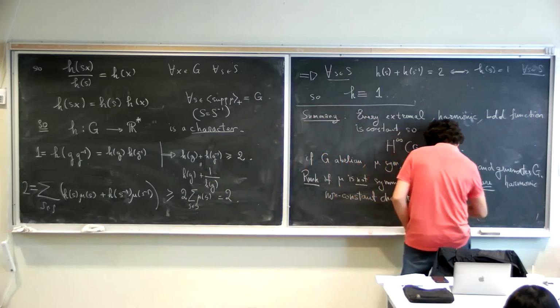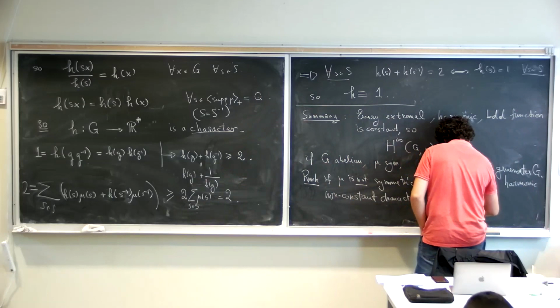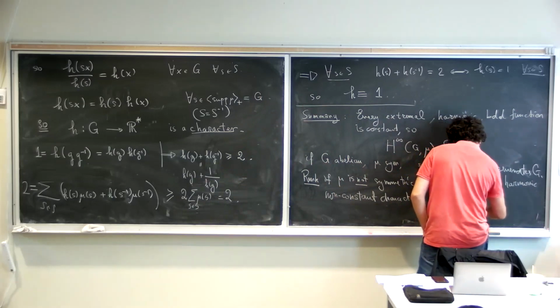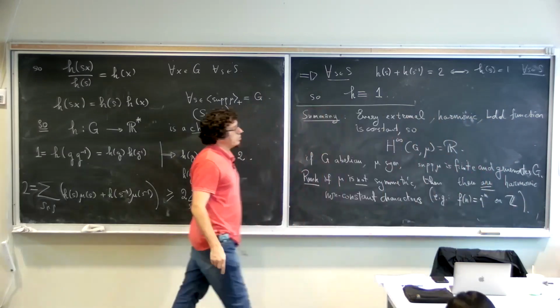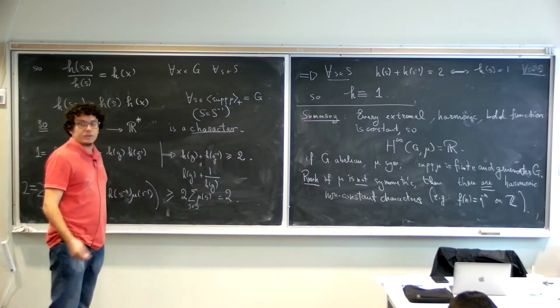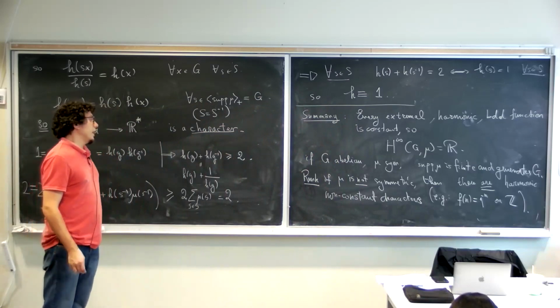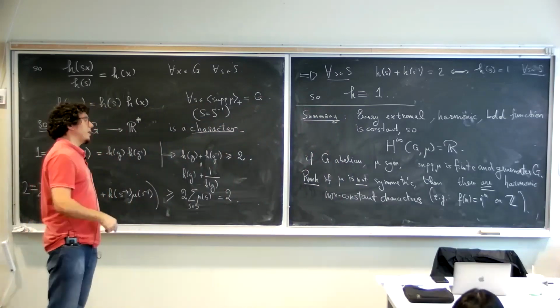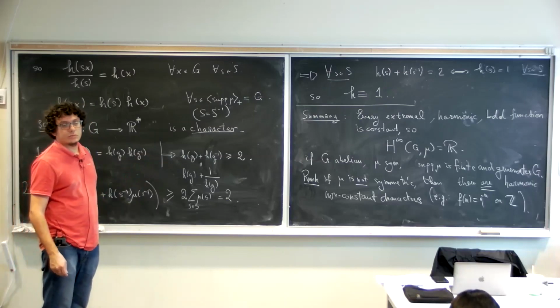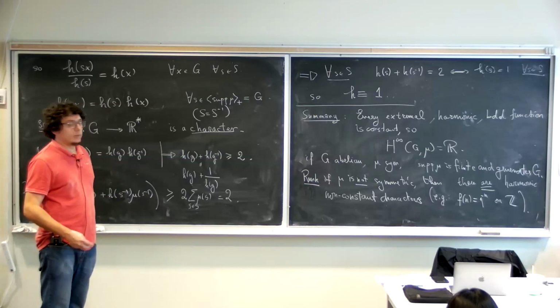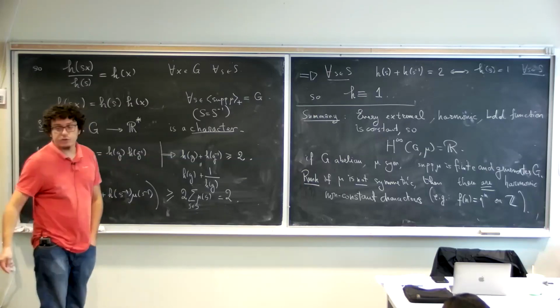And again, we saw the example: if we take f of n equals q to the minus n on Z. That's an example. It's a character, obviously, and it's harmonic with respect to a certain measure. So it's possible, but this one would not be bounded.